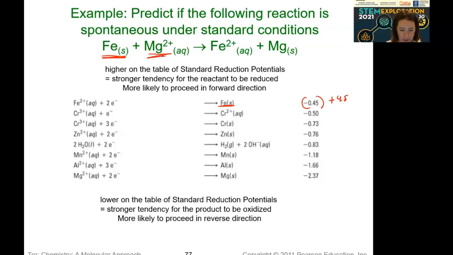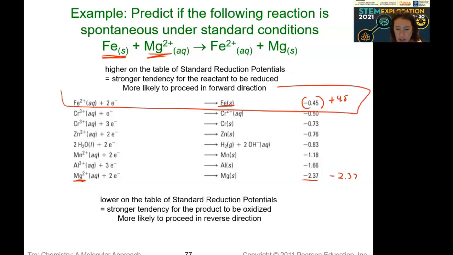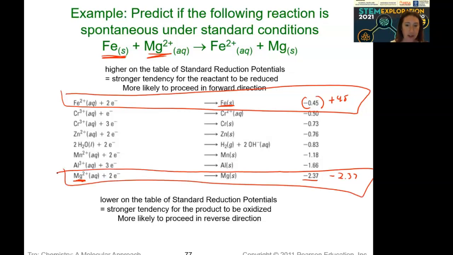And then Mg2+, forward, negative 2.37, it stays. Now remember what I just said: any reaction is spontaneous if the reaction on the top is written in the forward direction and the reaction on the bottom is written in the reverse. We do not have this case here, right? We have this one reversed and this one in the forward direction. That's going to be non-spontaneous, right?